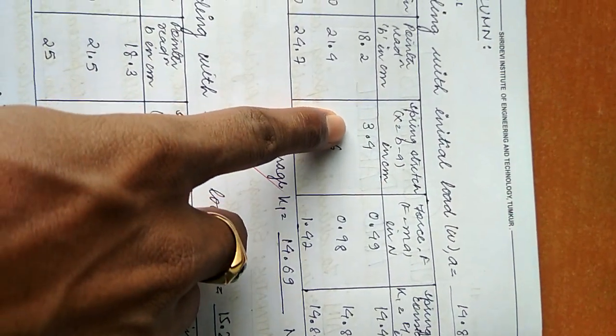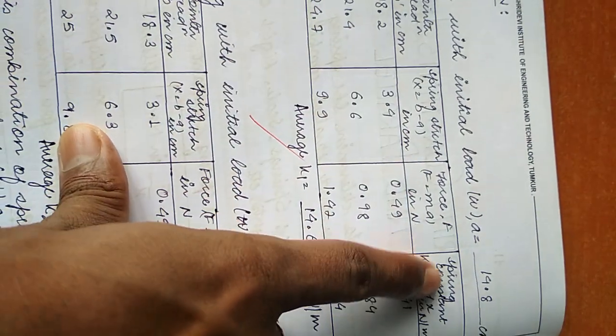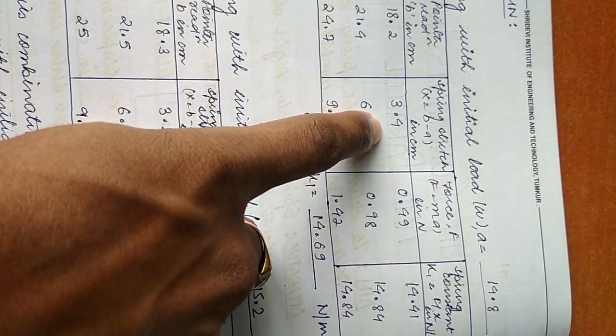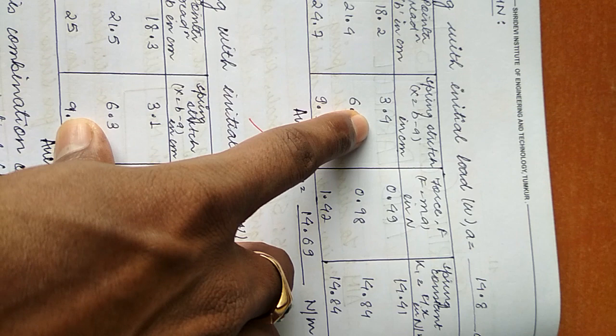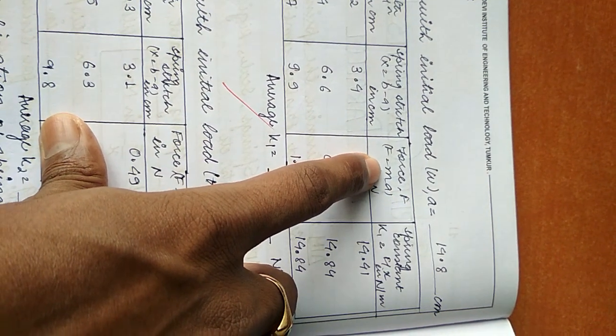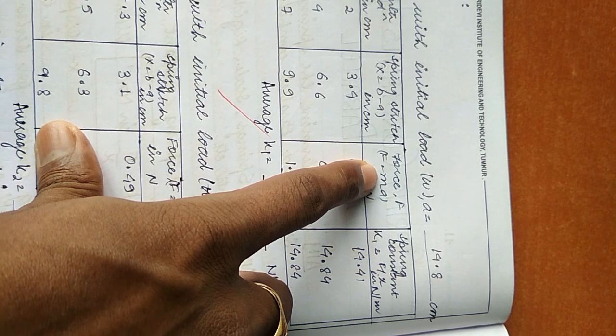B minus A is 18.2 minus 14.8, we get 3.4.